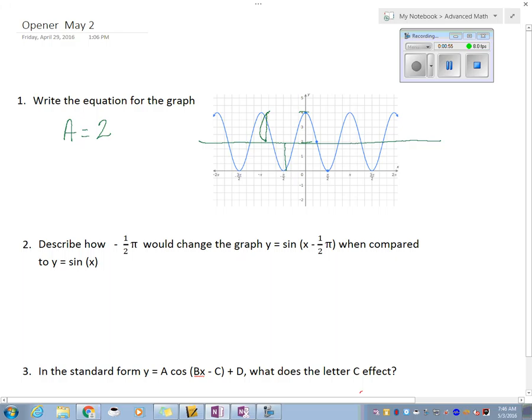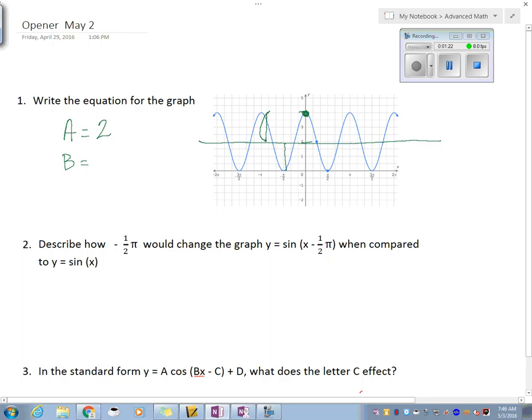Now I need to determine what B is. And remember, B affects the period. So the normal period for cosine, and this is indeed cosine. How do you know this is cosine? Actually, there's several equations you could write, but the easiest one is cosine because it's at 1 here, not the origin that's moved up 2 units, right?